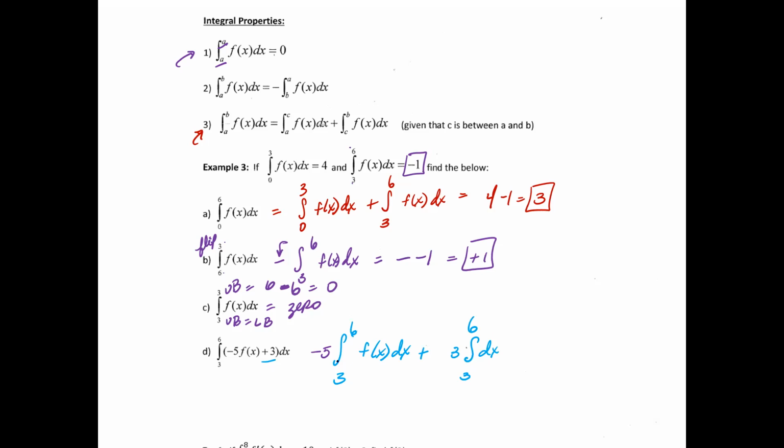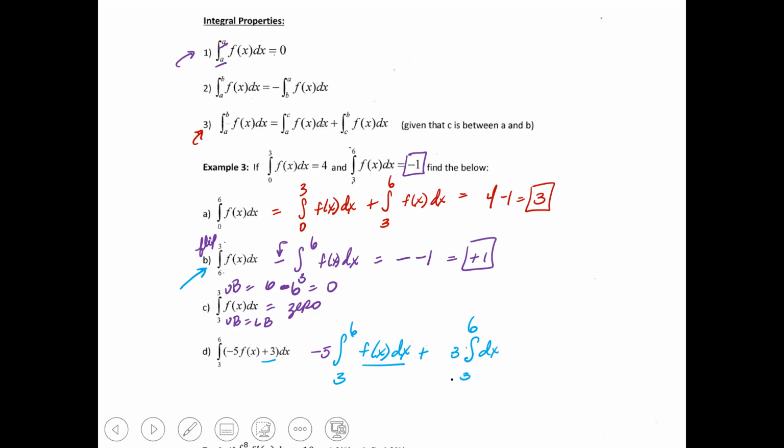Well, you know that the integral from 3 to 6 of f of x for this first piece right here is going to give you a -1 because you did that piece for b, and that was, I'm sorry, hold on a second.